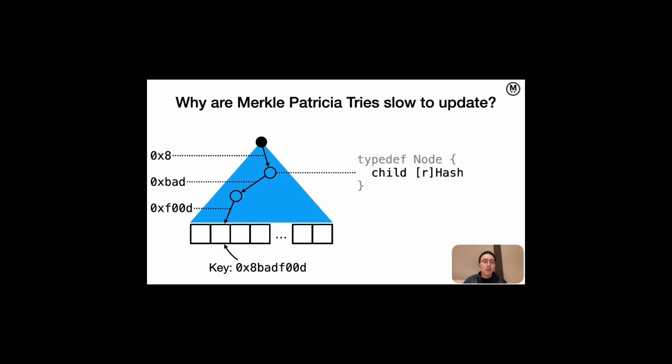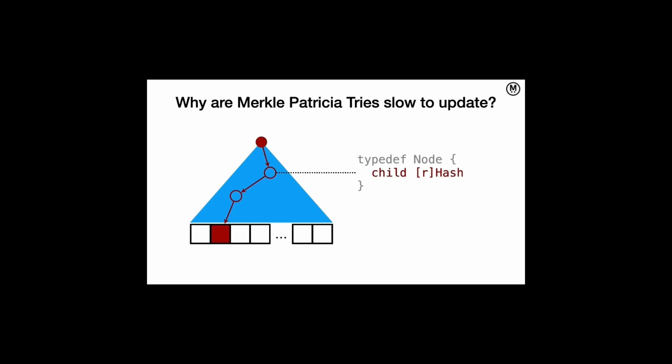And when you update, for example, here in color red, a particular key value pair, you have to update all the internal nodes traversed on this path from the root to the key value pair. So in other words, all the nodes you hit when you go from the root along the path defined by the key to the key value pair have to be updated when you do the state merklization after updating or inserting or deleting a particular key value pair.